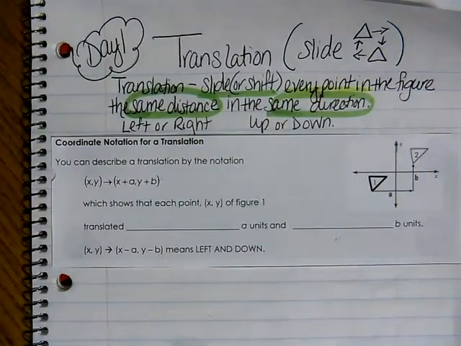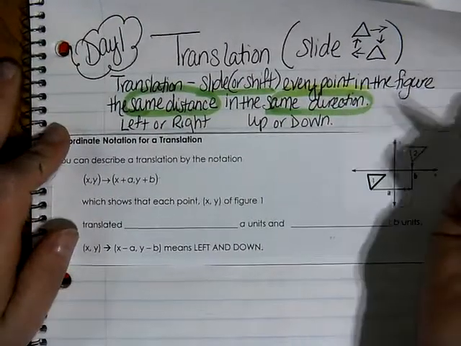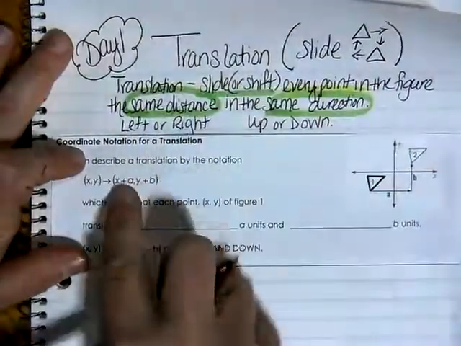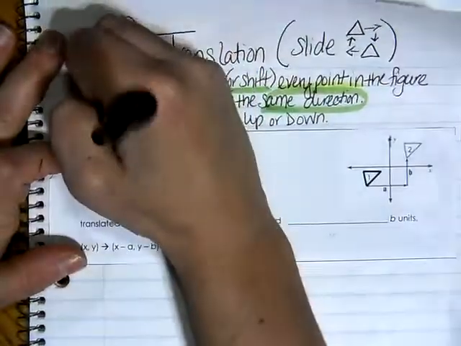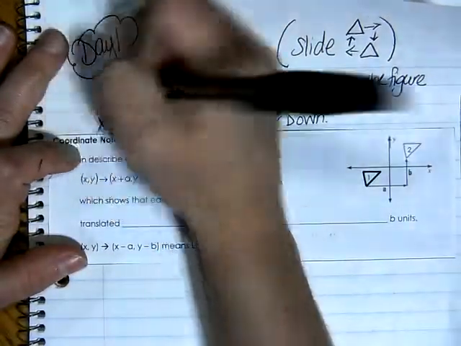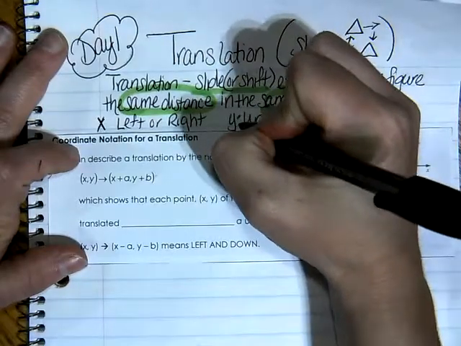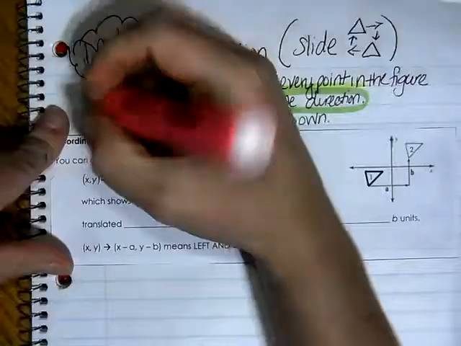Now, when I say that we're shifting left or right, up or down, that depends on if we are talking about a change in X or a change in Y. Left and right on our axes, that is our X axis. So left or right deals with our change in X. Up or down deals with our change in Y.